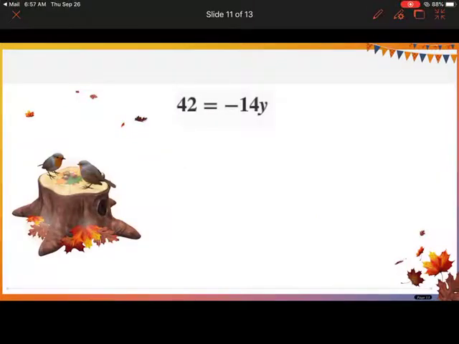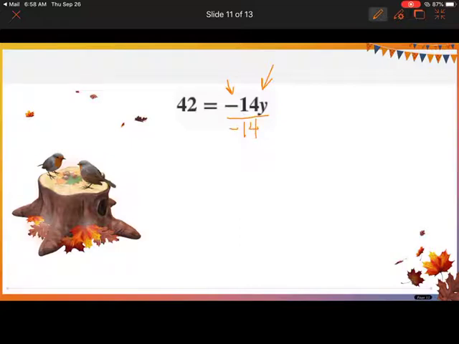So now here we're talking about multiplication and division. So I'm still going to do the opposite operation, and I do have to remember that when they're together next to each other, it means multiplication. So the opposite of multiplication is division. Remember, the sign goes with the number.